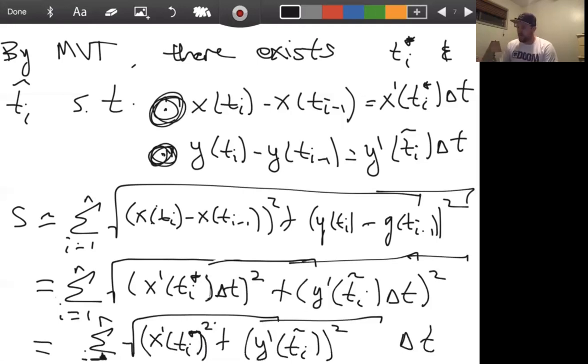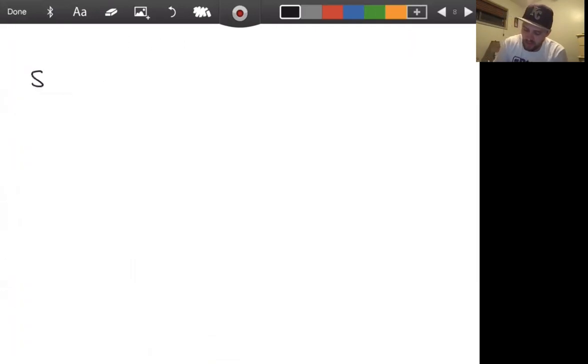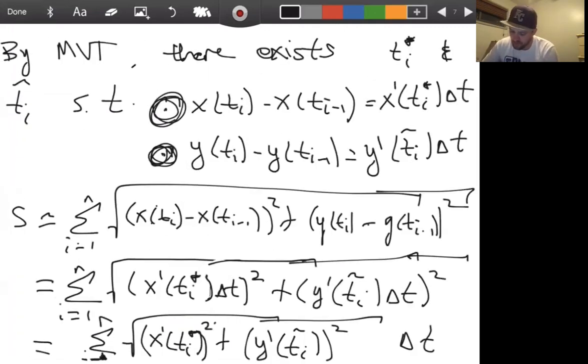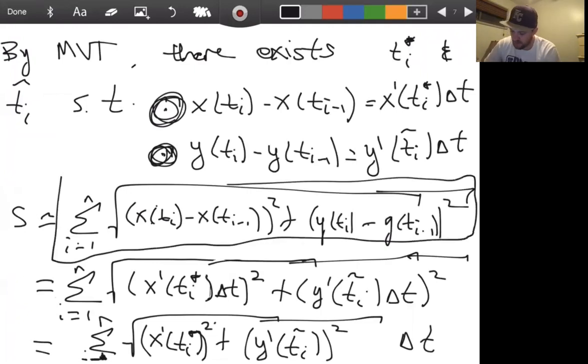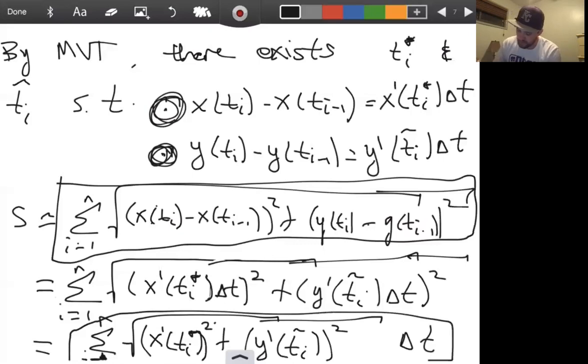And once I'm here, I want to take the limit to translate this from an approximation to the exact value. So then arc length S is going to be the limit as n goes to infinity of, so let's see, let me call this entire thing here, which is the same as this entire thing at the bottom, let me call this S sub n, right?